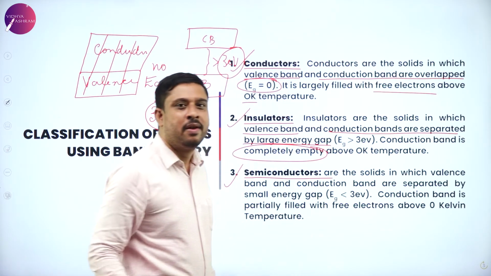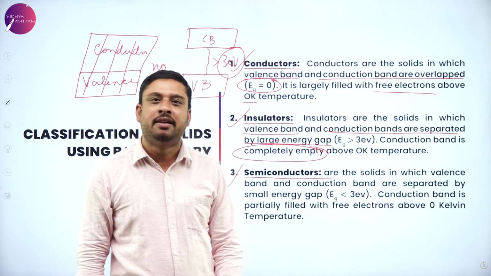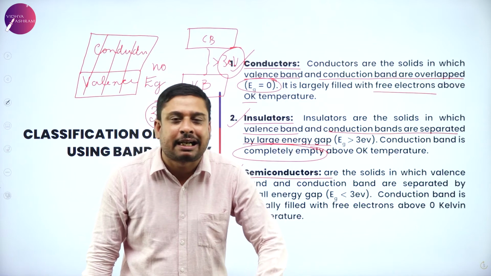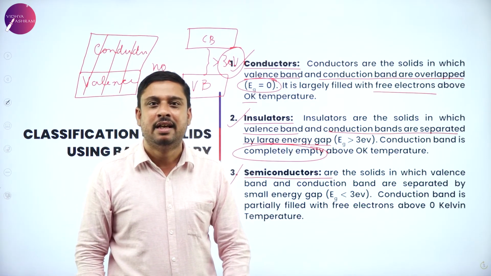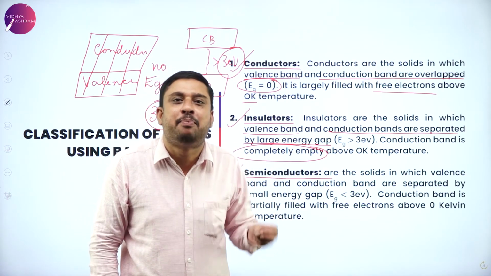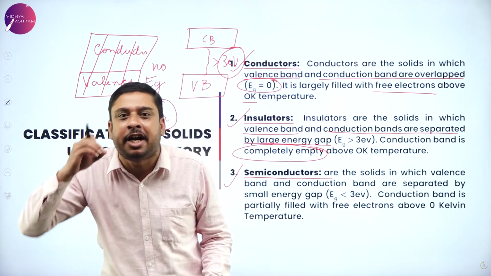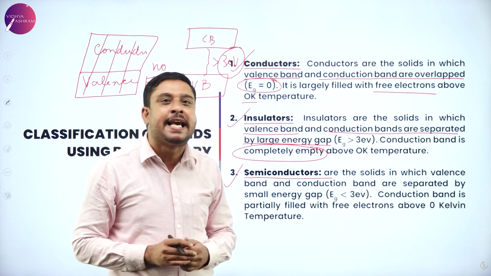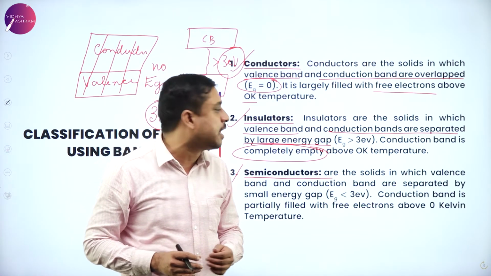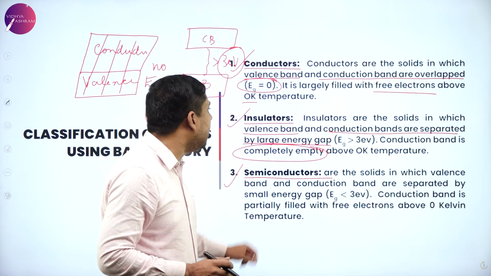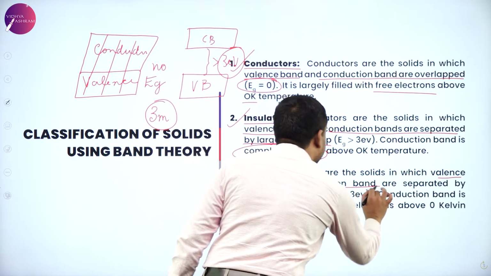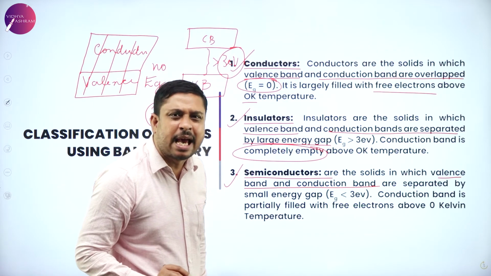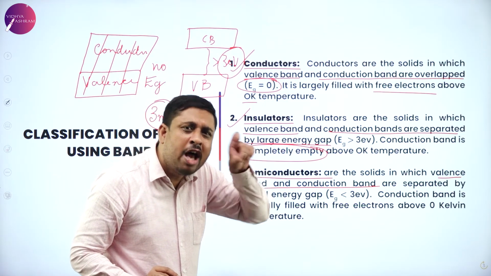Semiconductors, as we told, partial conduction, partial insulation. It partially behaves as a conductor, partially behaves as an insulator. Therefore, here the valence band and conduction band are separated by a small gap.